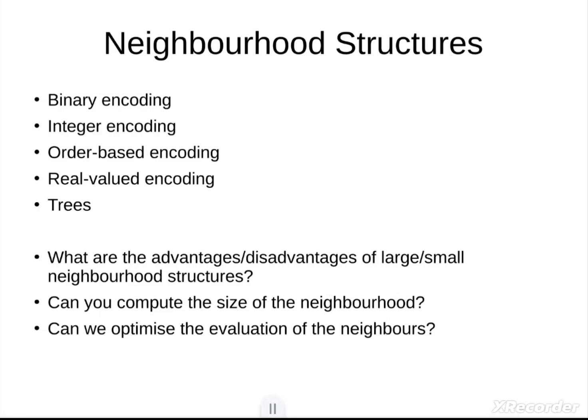Well, regarding the neighborhood structures or the operators in order to produce the neighbors, they are usually very coupled with the encoding. If we are using a binary encoding, then typical operators are one flip, which chooses one variable of the solution and flips the bit, or perhaps two flips, three flips, and so on.